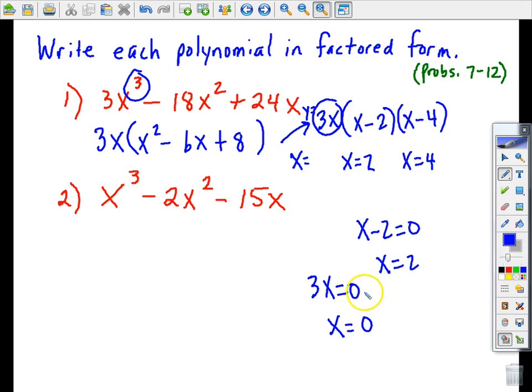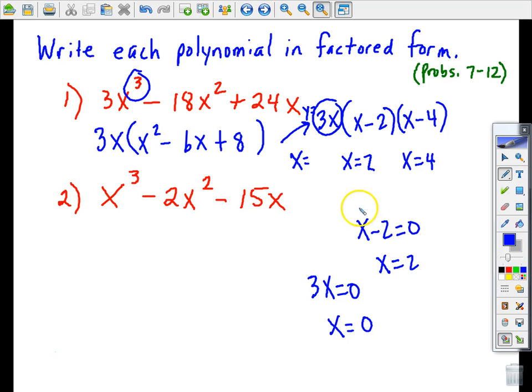Yeah, so our third zero is the number 0. I know that's confusing. 0, the number, can be a zero of a function. Because if we plug 0 in for x here, it makes everything 0. Okay, so what are the x-intercepts? 0, 2, and 4.